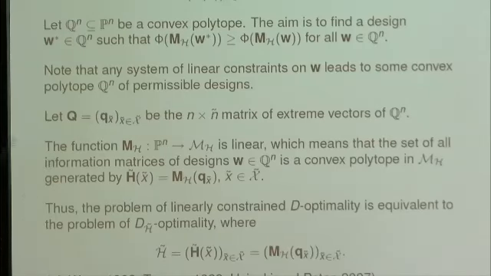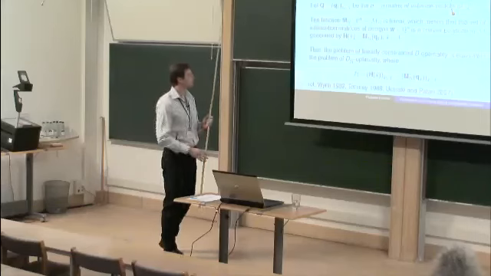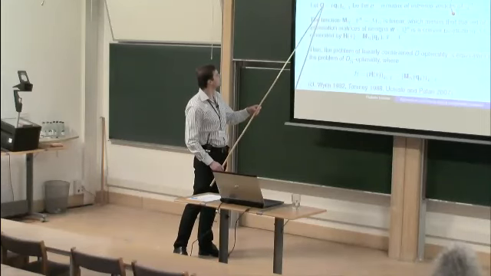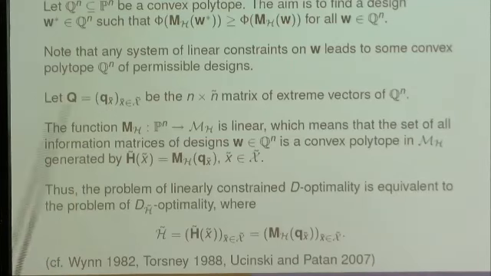Now, of the utmost importance for what I'll talk about are the extreme points or extreme vectors of this convex polytope. So let's say matrix Q is the matrix of all the extreme vectors of this convex polytope.